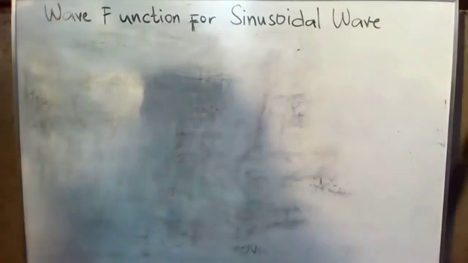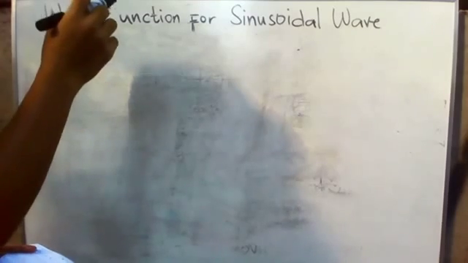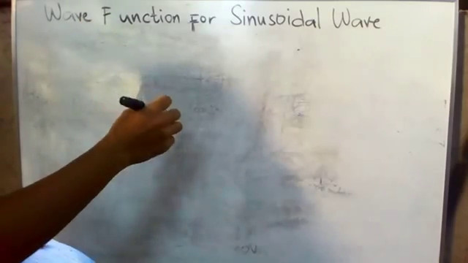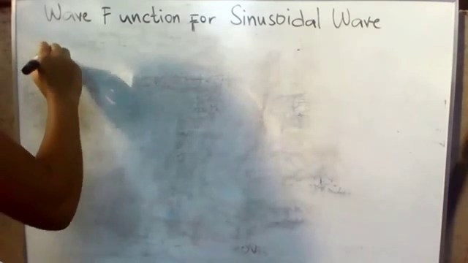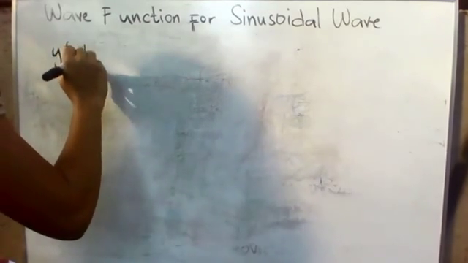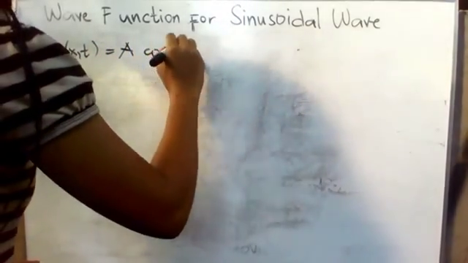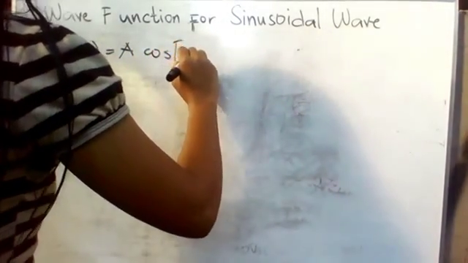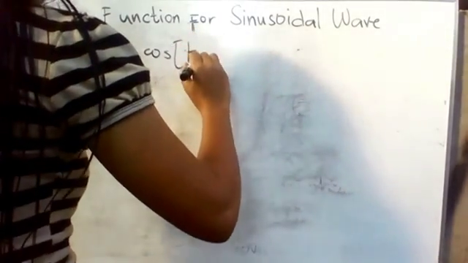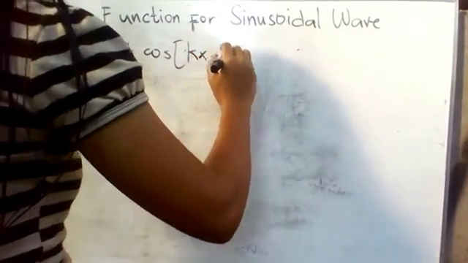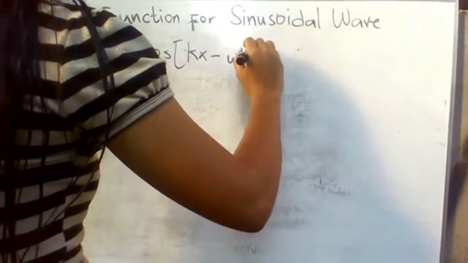Now we can rewrite the previous equation using the angular frequency and the wave number. So we have y as a function of x and t equal to A cosine, with k the wave number, so kx minus omega times time.